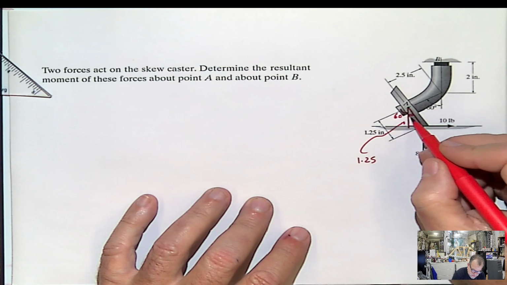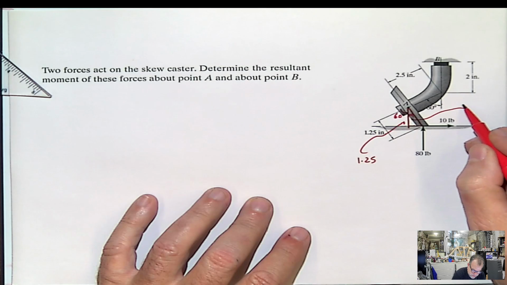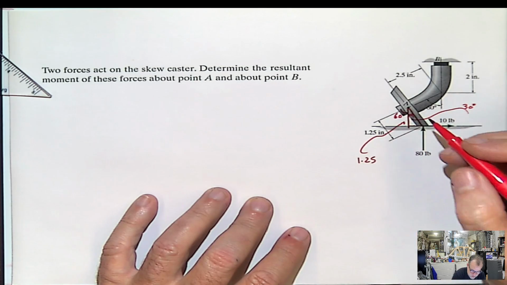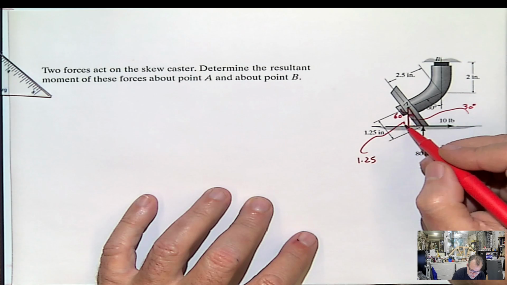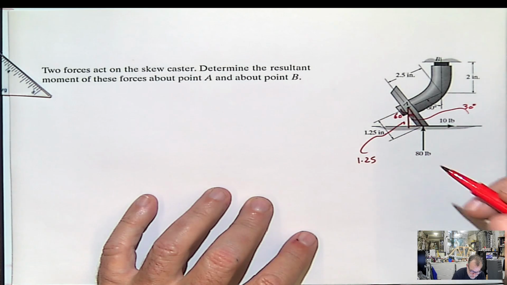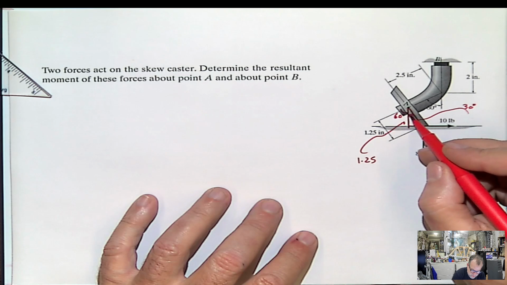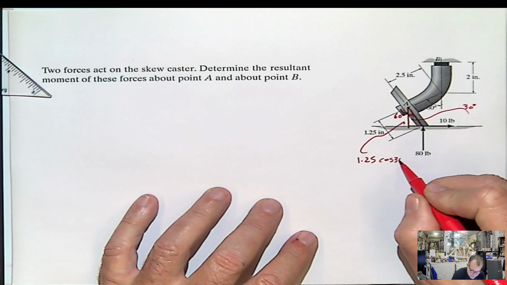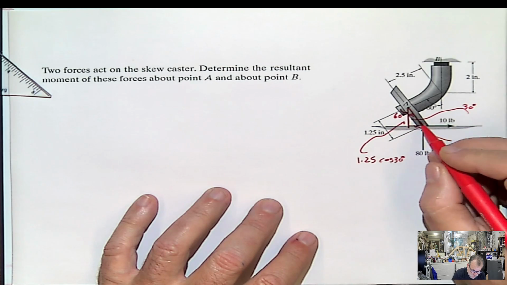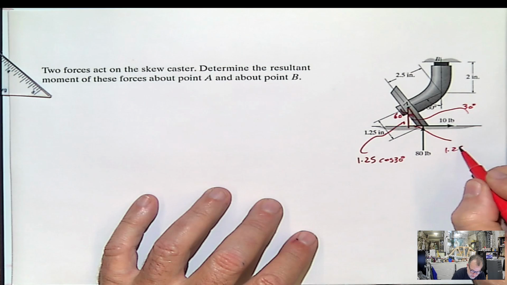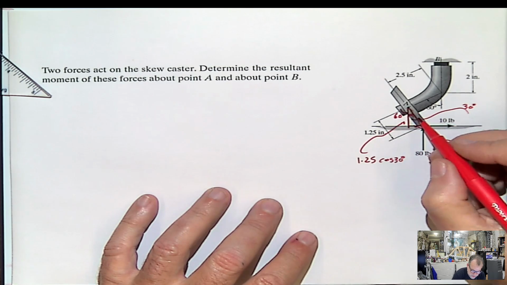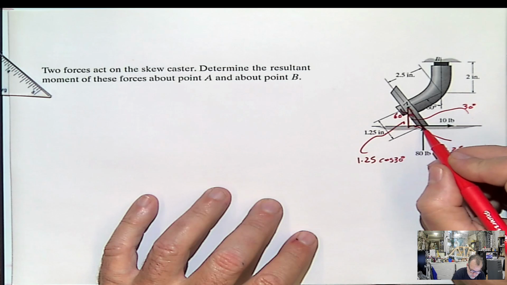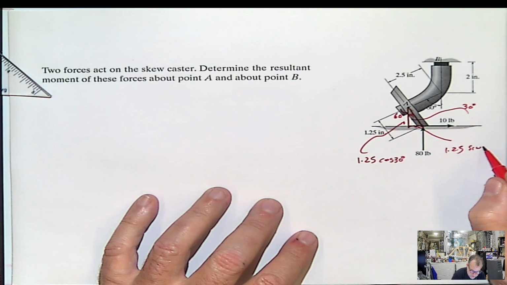If this is 60, this is 60, and this is 30 here. Either you say cosine 30 or you say sine 60, which will be the same thing. But I'd rather work with this cosine 30 here. And this other distance will be then 1.25, which is the hypotenuse, multiplied by sine 30 degrees.